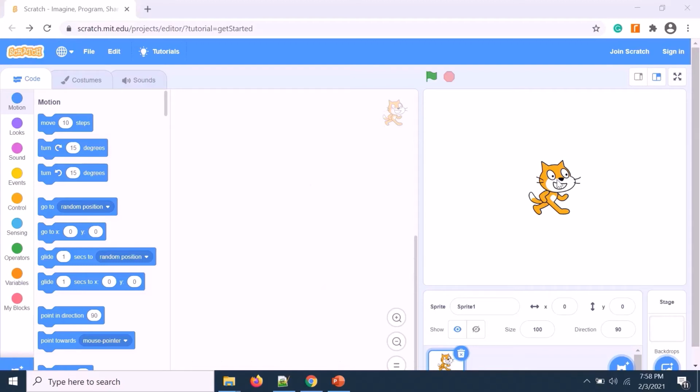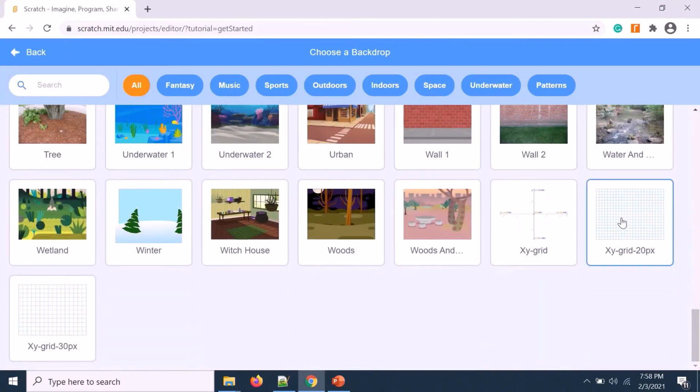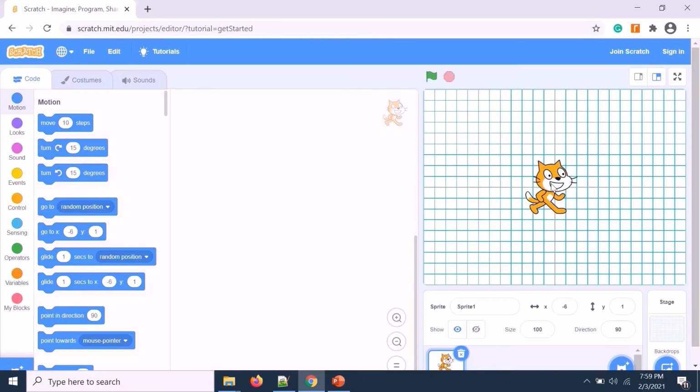The coordinate system divides it into coordinates. First I'm taking the grid. This area is divided into small squares, and this is the center point. If you see the sprite moving, the coordinate position is changing. If I put x 0 and y 0, it comes to the center position.